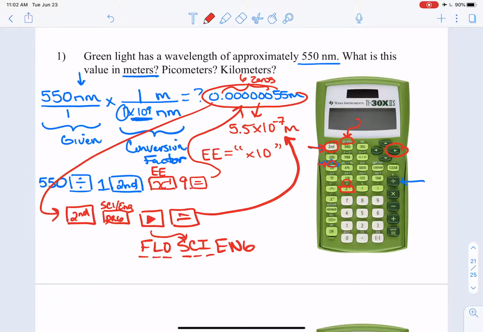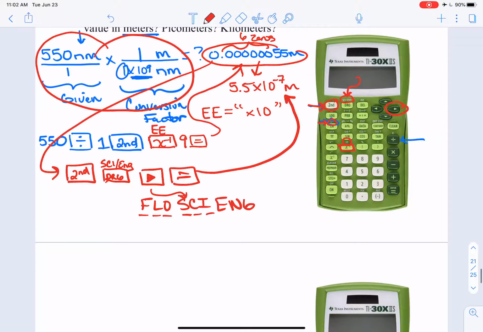Now, I also need to say that we could do this in a different setup. So you could do 550 nanometers times, for every 1 nanometer, you have this tiny portion of a meter. Okay, you could also write it that way. So get used to how to work that, but say it out loud and make sure it makes sense.